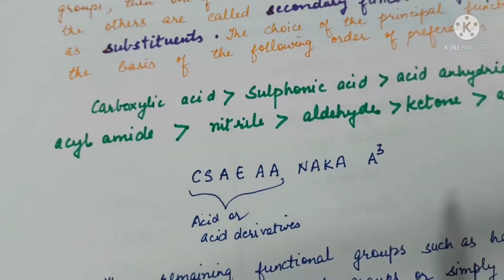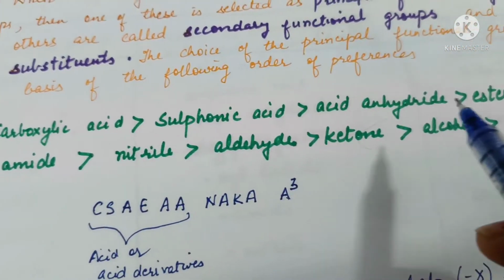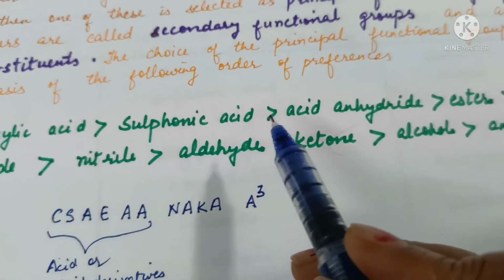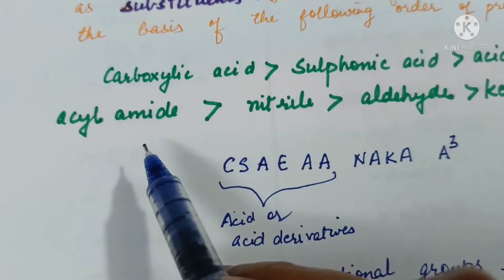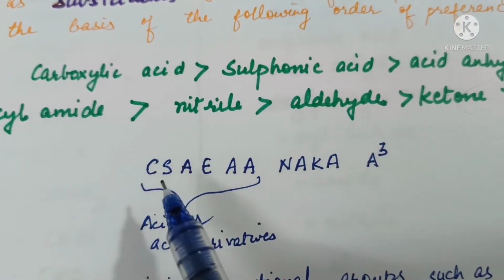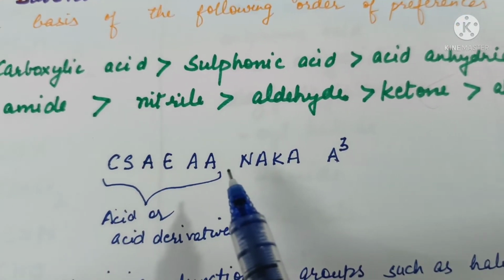Just to remember the sequence, all these are some sorts of acids or acid derivatives: carboxylic acid, sulfonic acid, acid anhydride, ester, acyl halide, and acyl amide. So let's club them together. Take the first letter of their names, and we get CSAEAA.